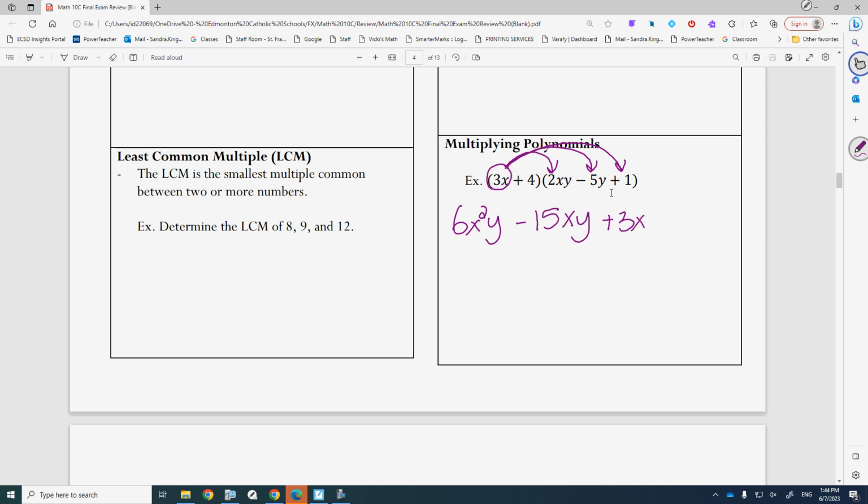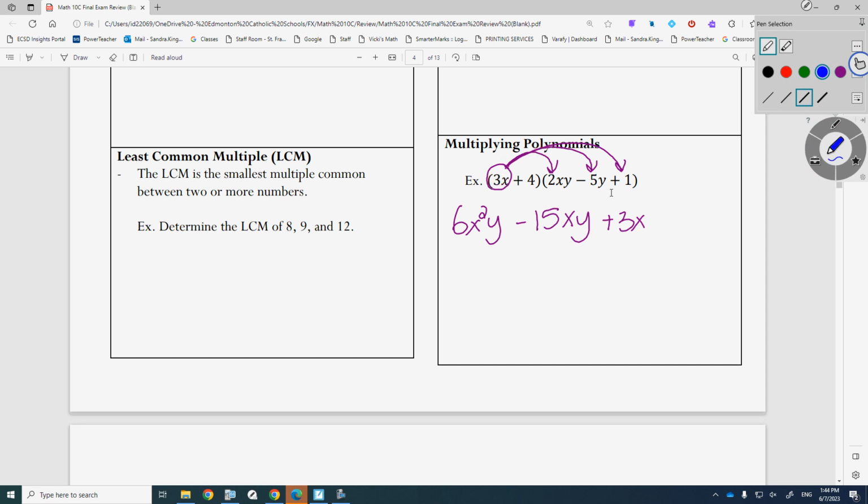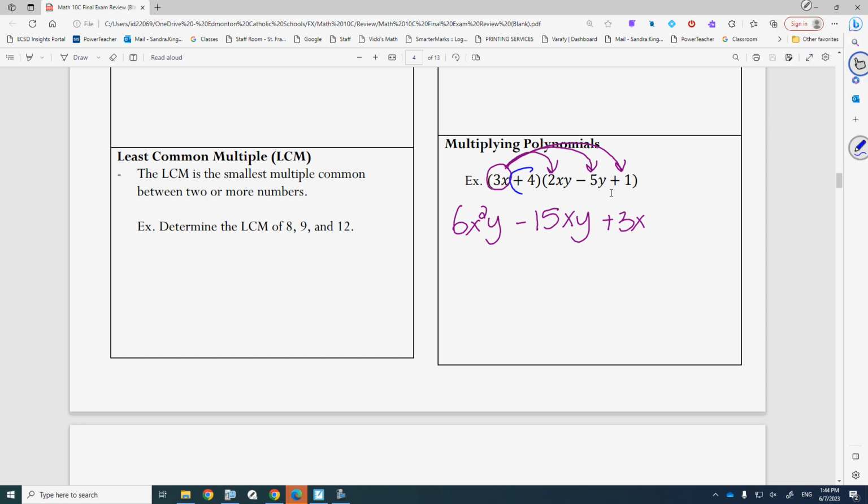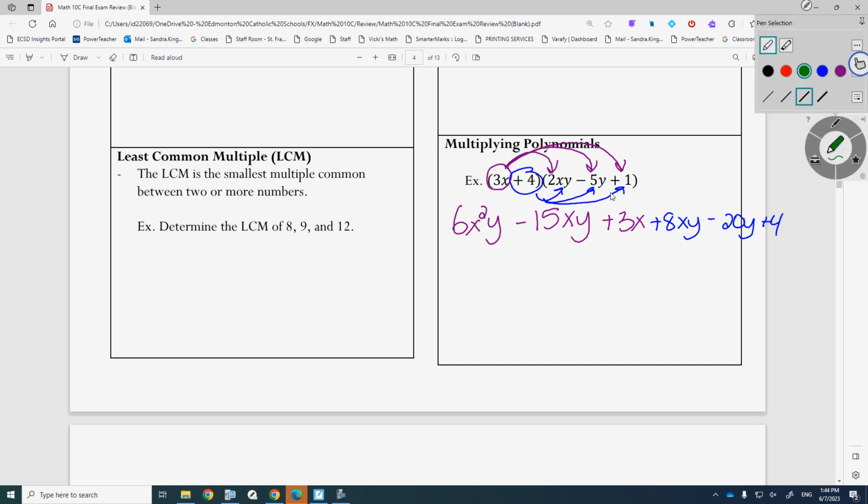Perfect. Okay. When that term's distributed, go to that plus 4 and distribute that guy in. Izzy, read me what you would get when you distribute in the 4. Yes. Okay.